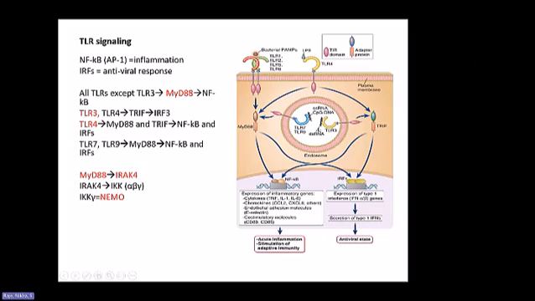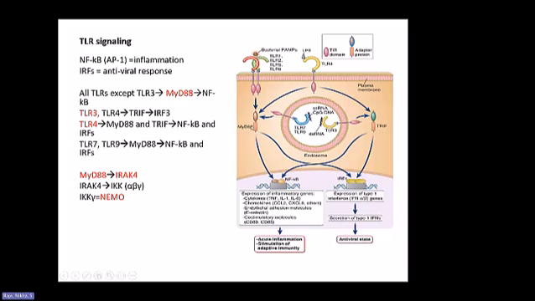TLR7, 8, 9 can go through MyD88, but they end up, again, producing both kinds of responses, antiviral response as well as inflammation. So these are things that you might have to memorize about the toll-like receptors.